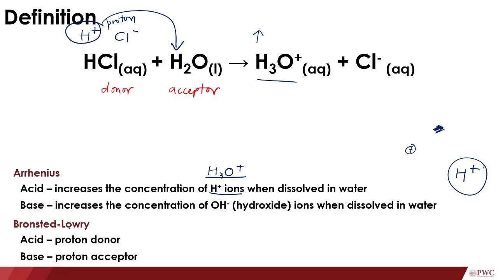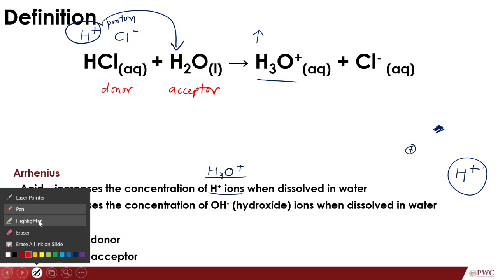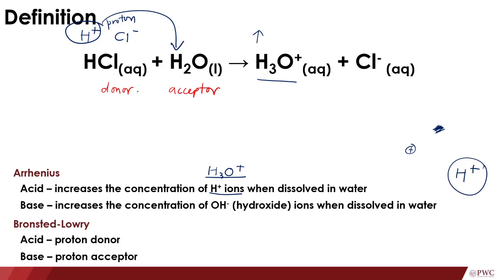Based on the Bronsted-Lowry definition, this HCl, since it donates the proton or the H plus, will be our acid in this case, and this will be our base. So it's an acid when it donates a proton, and it's a base when it accepts the proton.